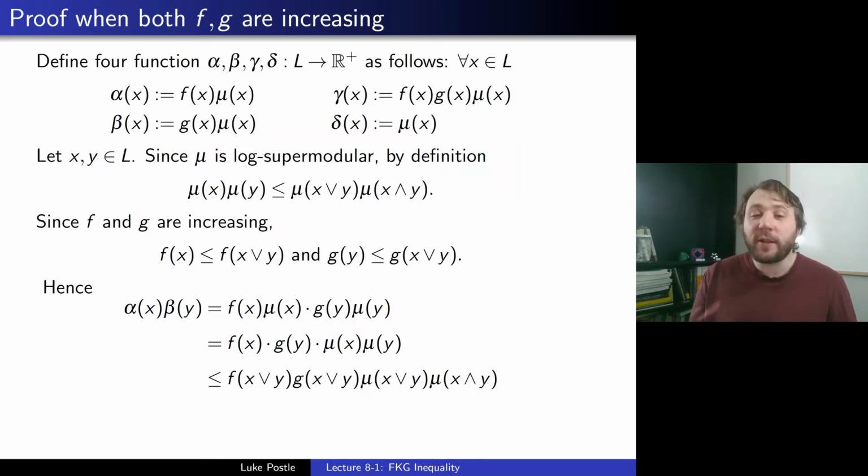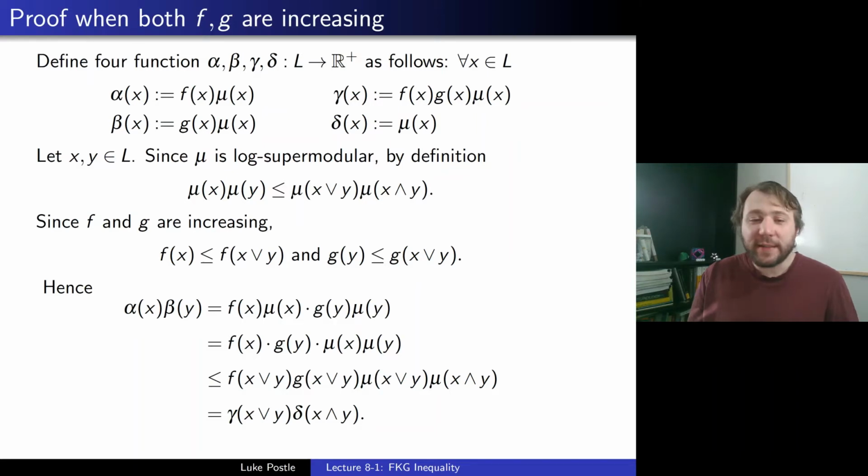And then from the inequalities above, we could upper bound this with the f of the join, the g of the join, and then by log supermodularity, the mu of the meet and the join. And then if you look at those first three terms, that's just gamma of the join, and then we have delta of the meet there for our mu terms.